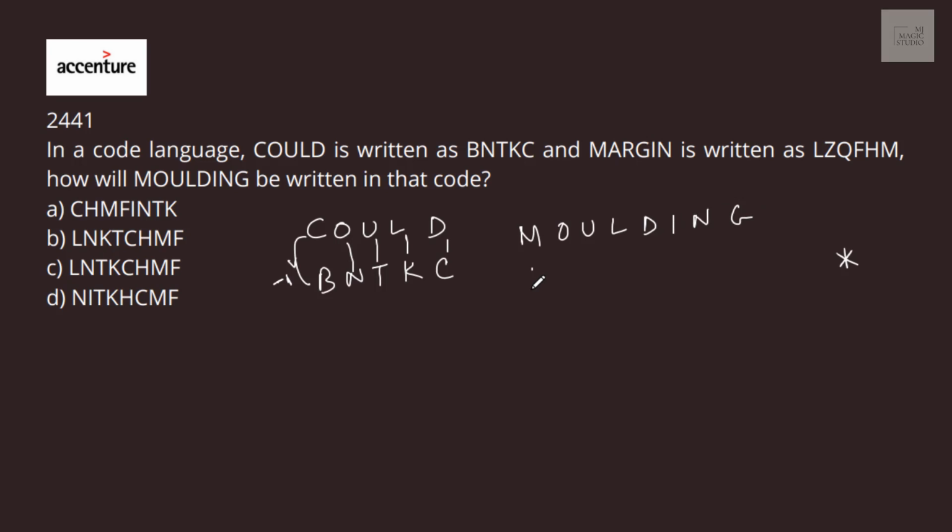MOULDING: M is L, O is N, U is T, L is K, D is C, I is H, and then N should be M, and G is F. So which option fits in? L, N, T, K, C, H, M, F. Yes, it fits in option C.